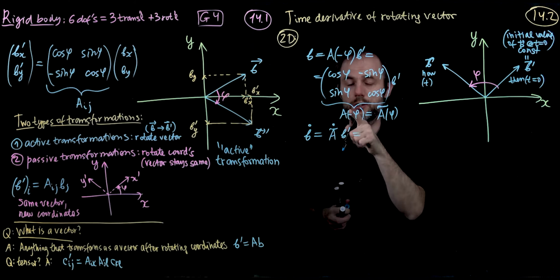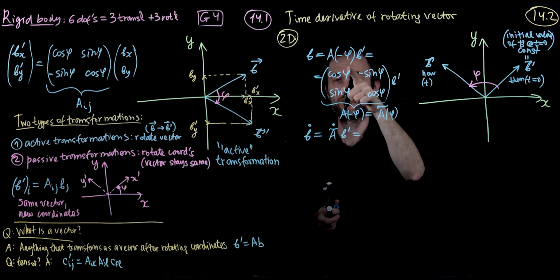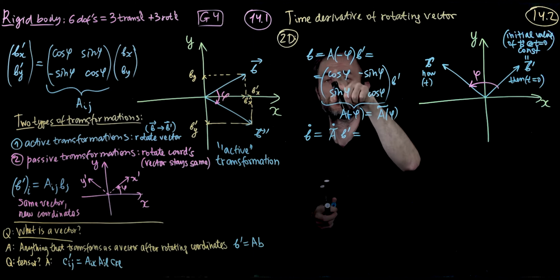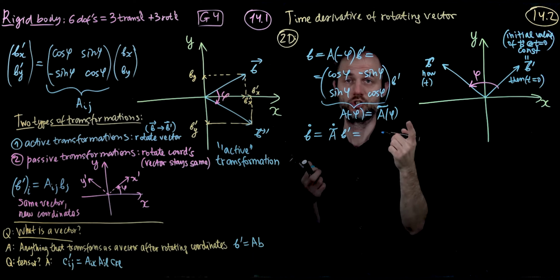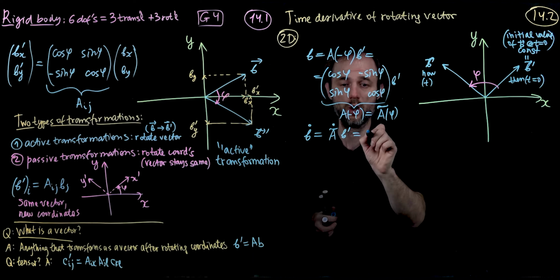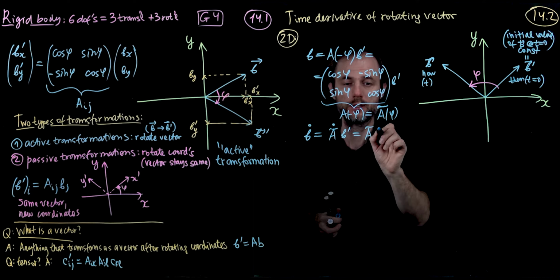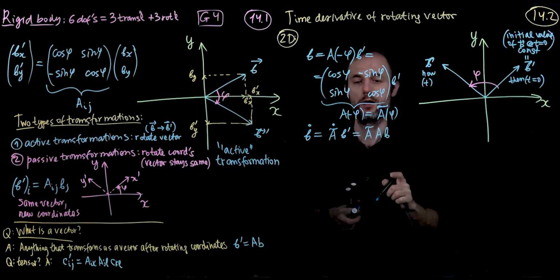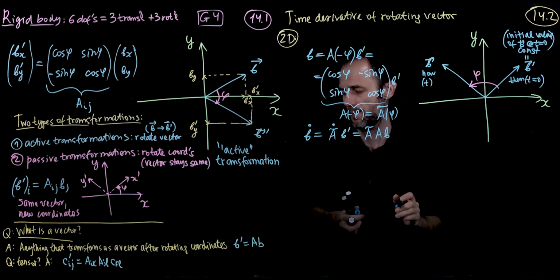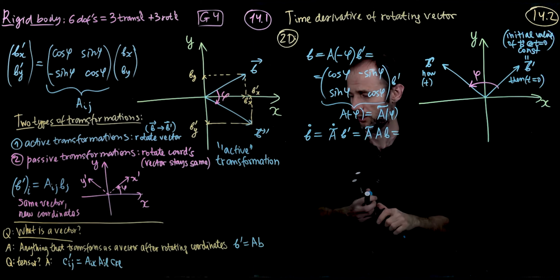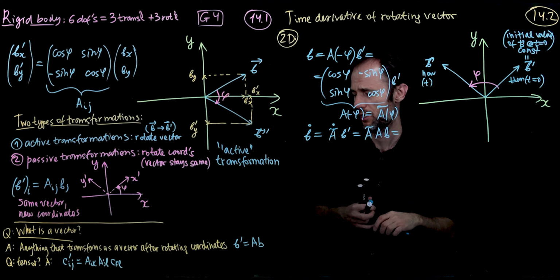And because b prime is going to be the inverse of this times b, and the inverse of this is just A, we're going to be able to write b prime as just A times b. Okay, so let's see.